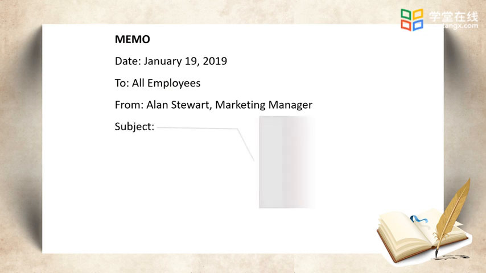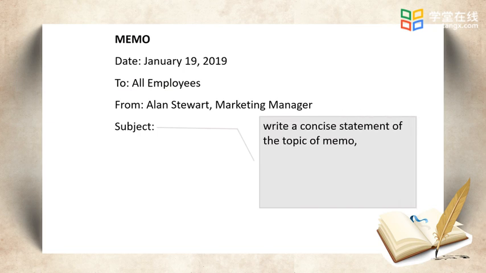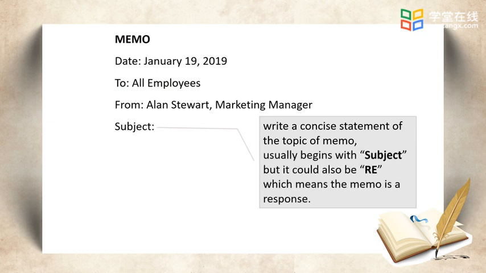Finally, on the subject line, you need to write a concise statement of the topic of your memo. It usually begins with subject, but it could also be RE, which means the memo is a response. Subjects should always be specific.